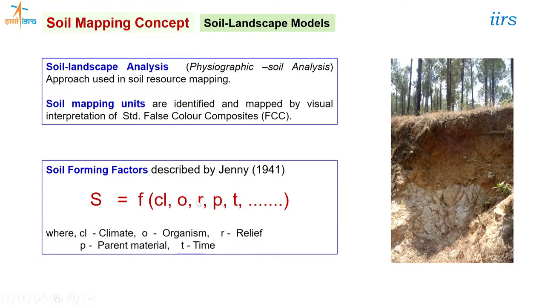If in two areas these factors are the same, then similar soil will develop in both places. This is our assumption, and we do this through the soil landscape analysis method, or also we call it the physiographic soil analysis approach. And the land area or polygon which we map, we call the soil mapping unit.